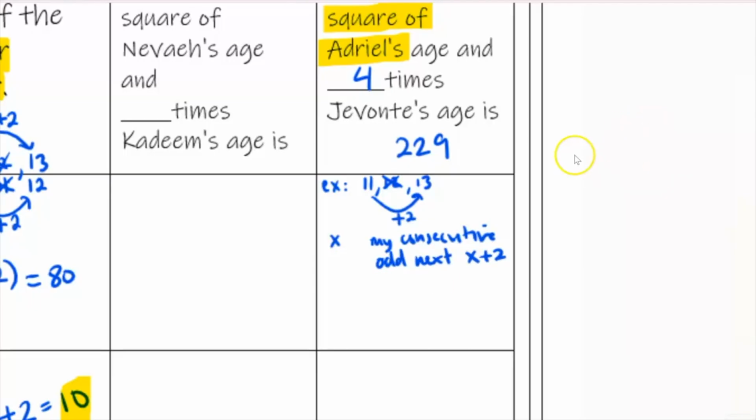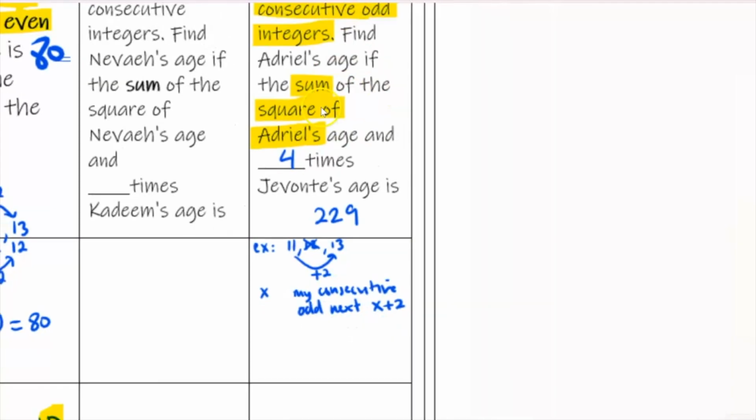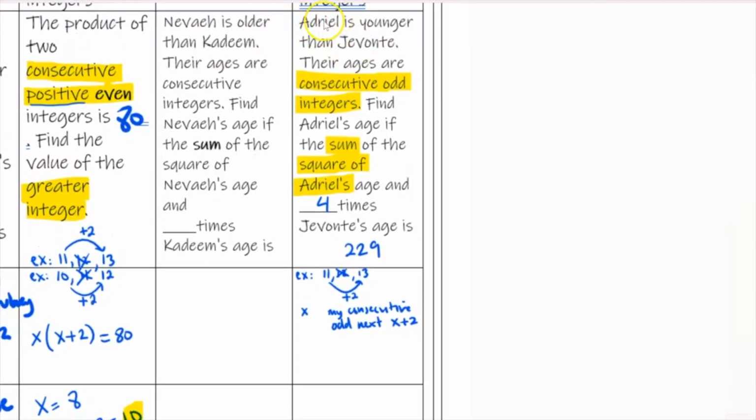All right, there's a little bit more entailed in this. It says the sum of the square of Adriel's age. Adriel is younger, so Adriel is the smaller number. Is it x or x plus 2?